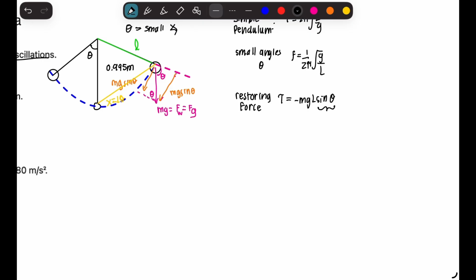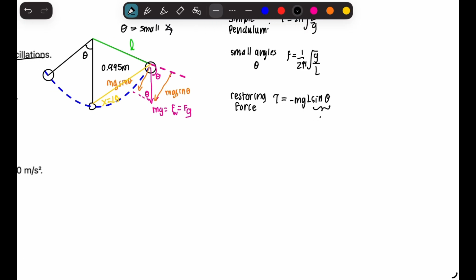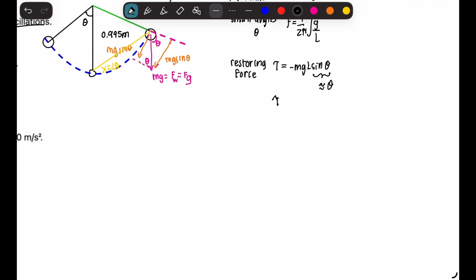And here, sine theta is approximately just theta. So that means that you have torque is equal to negative mgL theta.